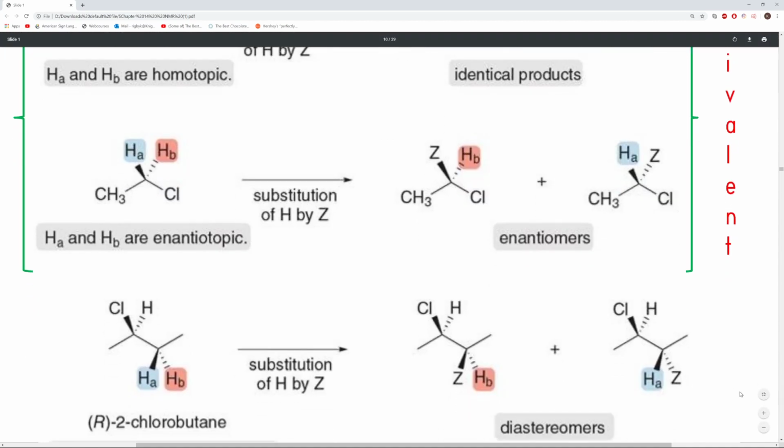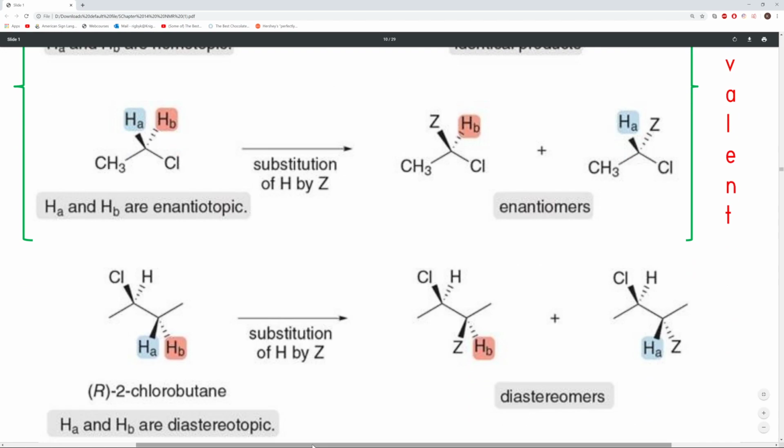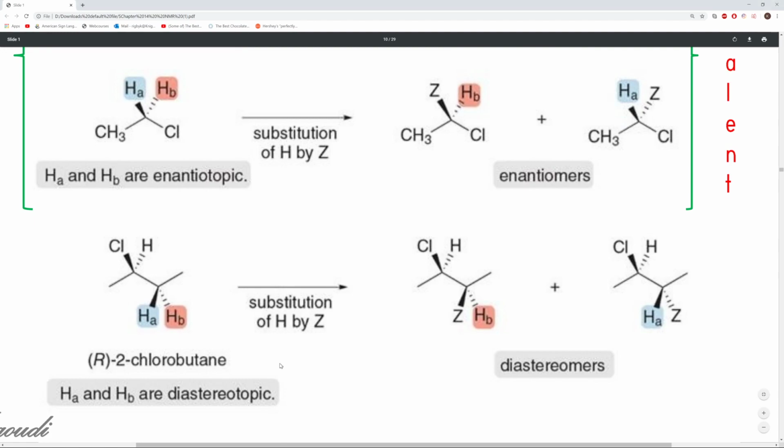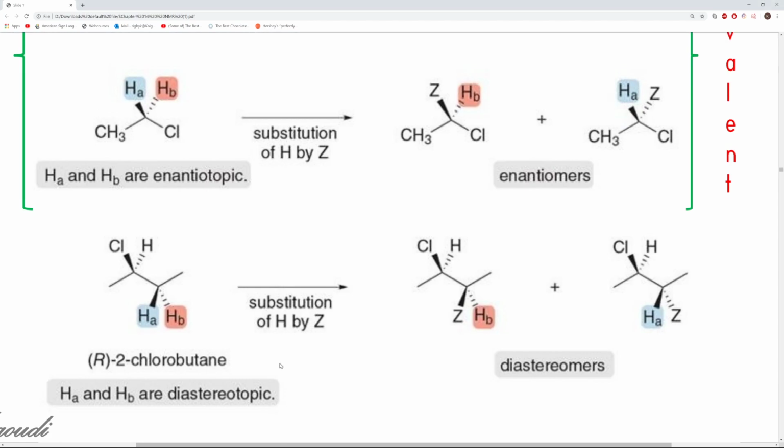And if we look at diastereotopic, we can see here that HA and HB, if replaced by a different group, are attached to a carbon that would become a chiral center. However, there is a second chiral center in this molecule. If you look here, the carbon with the chlorine attached to it. And so if there are two chiral centers, and you replace one of the H's with another group and the other H with another group, you're going to get diastereomers.